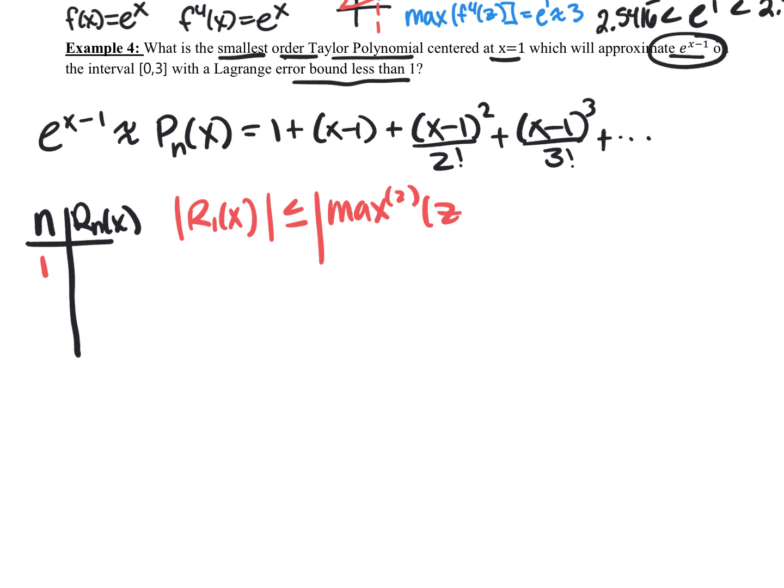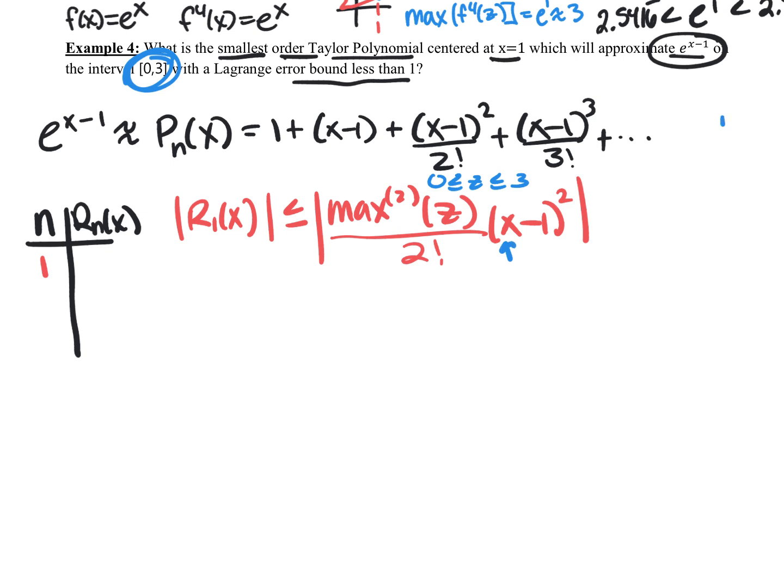In this case, they didn't give us where we're approximating it, so our z will be in this interval, divided by 2 factorial times x minus the center squared. Now in this problem, because we are not approximating at a particular value, we're just approximating on this interval, we have to pick an x for this one, and then we'll find our maximum.